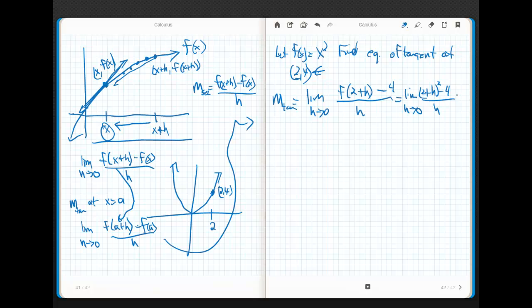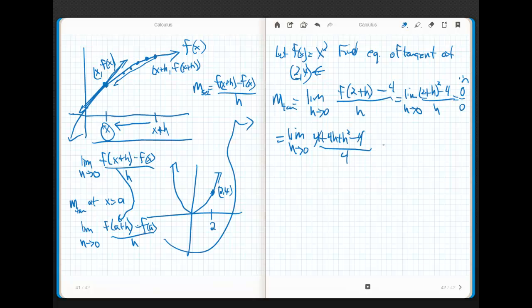I plug 0 in. What do I get? Oh, I get 0 over 0. Unhappy. So I do some algebra. This becomes the limit as h goes to 0 of 4 plus 4h plus h squared minus 4, all over h.